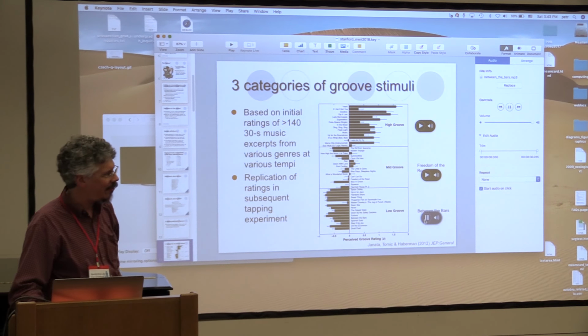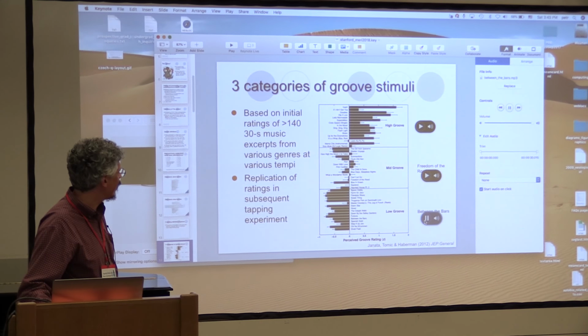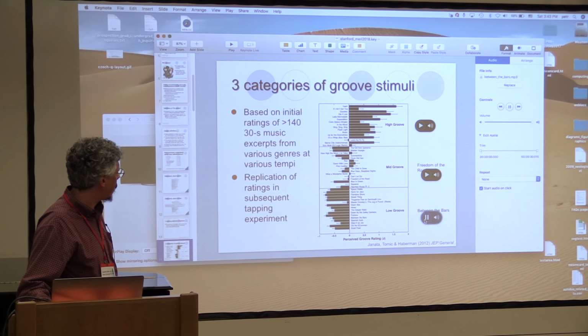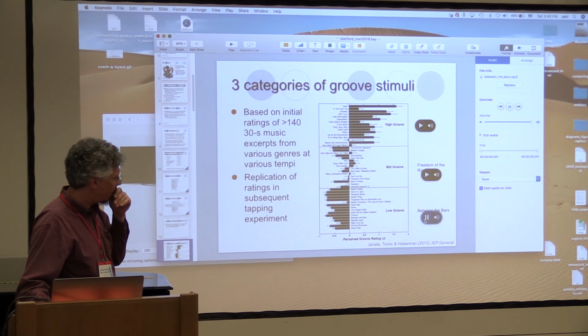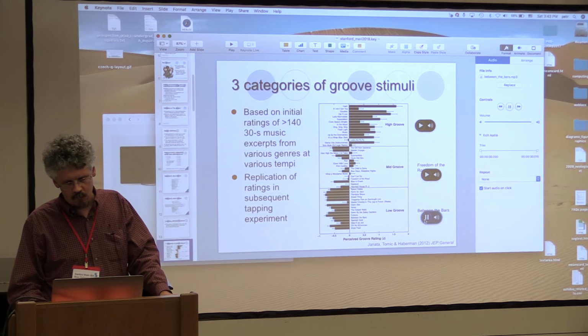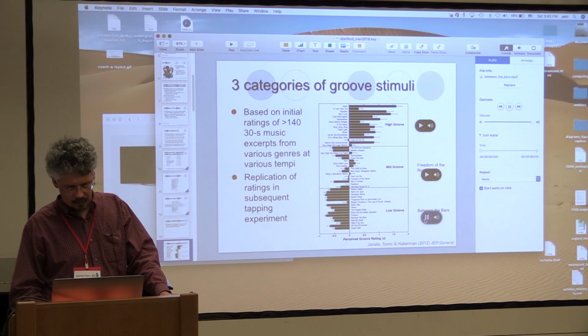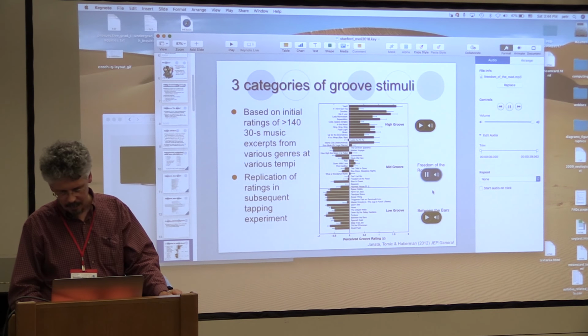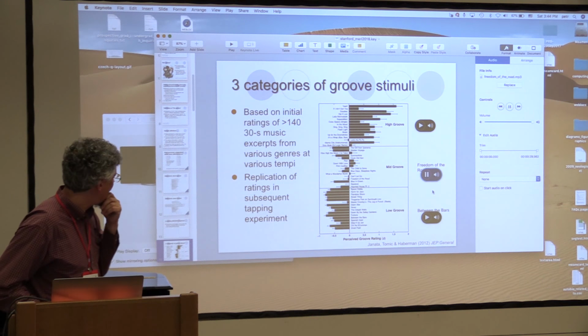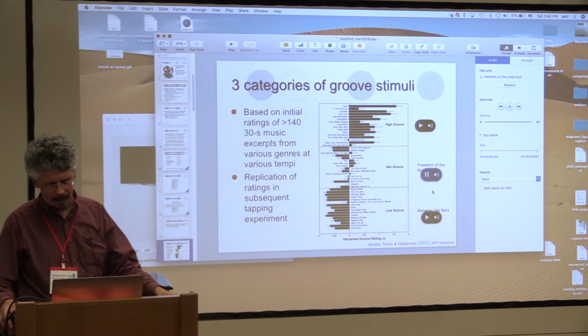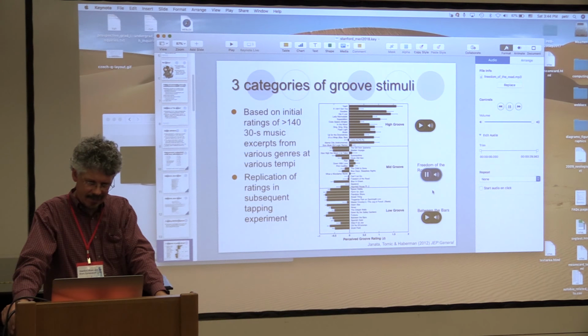Here we go. Low groove. Sorry about that. Good groove. Is the California.